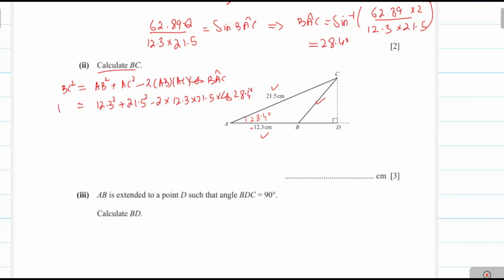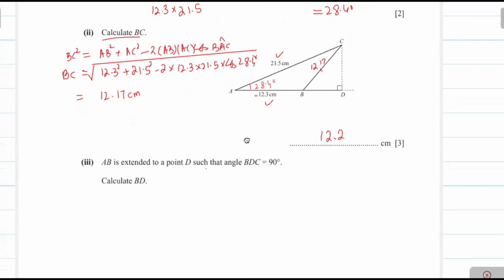Now we have to find BC. Now we take the square root, and this is the square root of the whole value. We write here 12.17 centimeter is the length of BC, and we can write the answer in 3SF as 12.2.